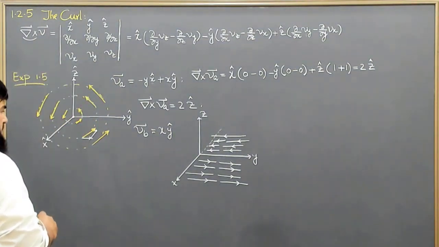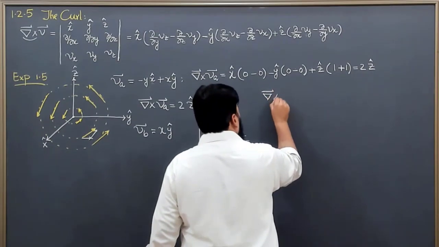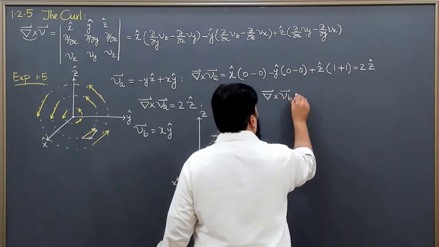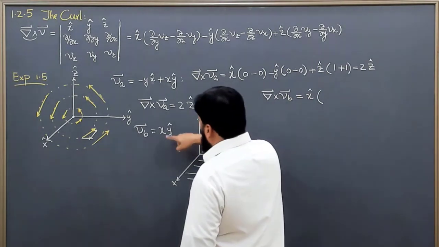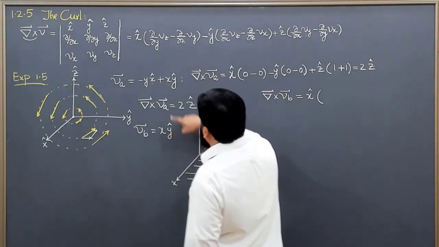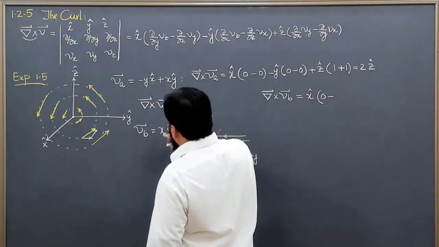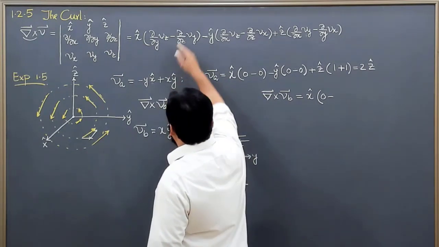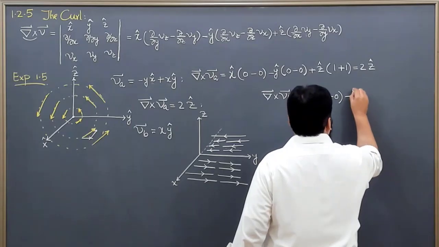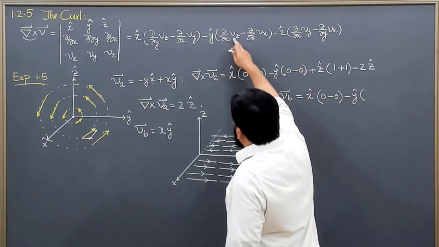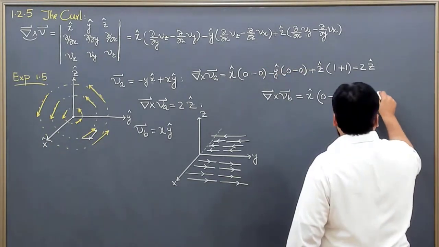And now we will find the curl of this vector. So this is del cross VB here. And now again I will first write the x component. Now it is having only a y component, so the z component is 0 here, minus. We are having the y component, but it is x, and with respect to z its derivative will give us 0, then minus the y component, and here it is having no z component and no x component, so this is 0.